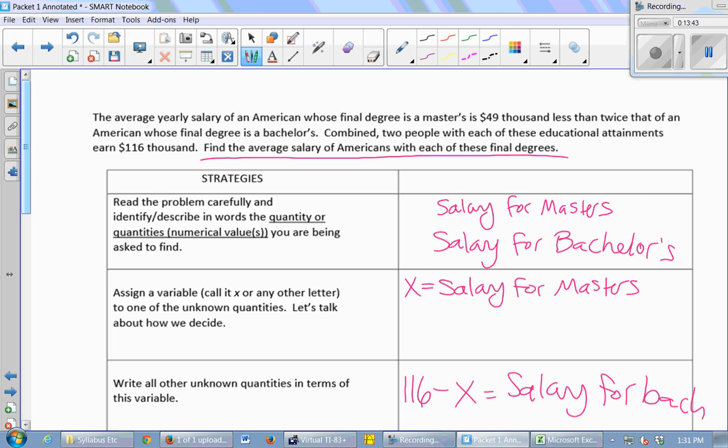No, this is just an expression for the salary for the bachelor's degree. All right, so an American whose final degree is a master's, right? So what represents the X? Okay, is, right? This is equals. So an American whose final degree is a master's, we define that as X, right?